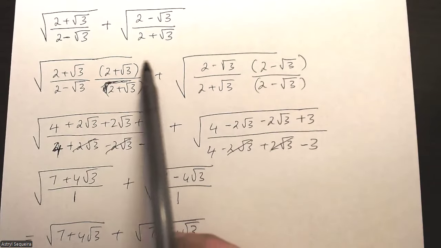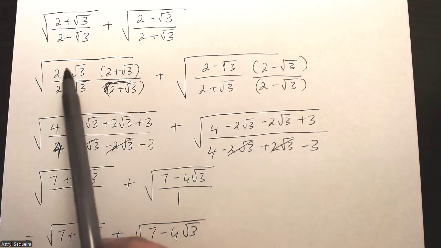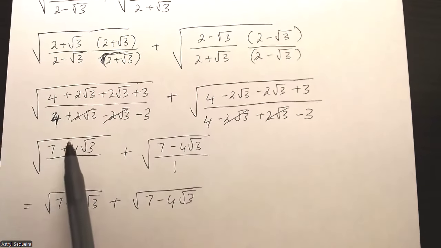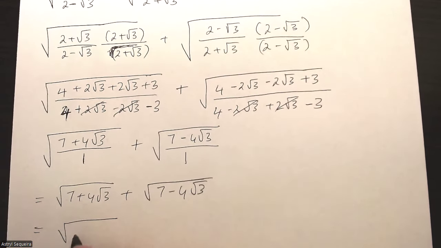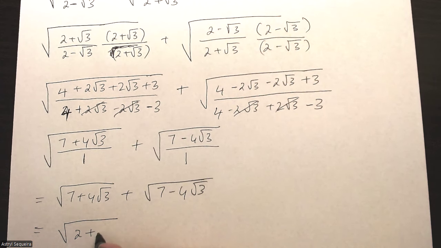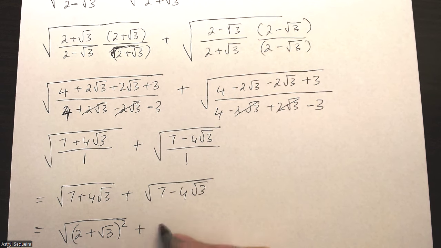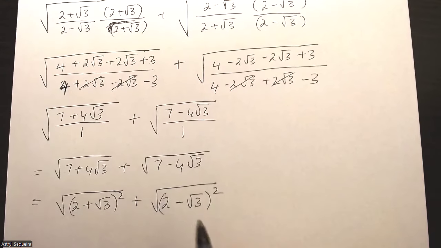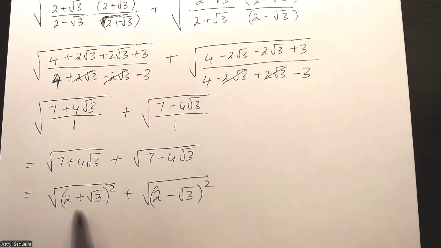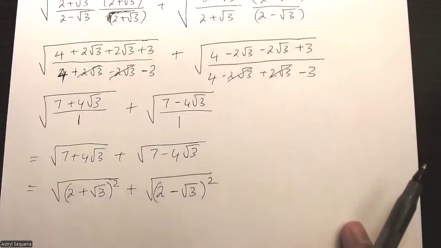So instead of expanding the top, imagine if I just wrote the top in factored form: 2 plus root 3 squared, and this one would be 2 minus root 3 squared. Because this is extremely hard to combine. You have to refactor it again, but that'll just give you this over here, which means that it was best to not expand the top.